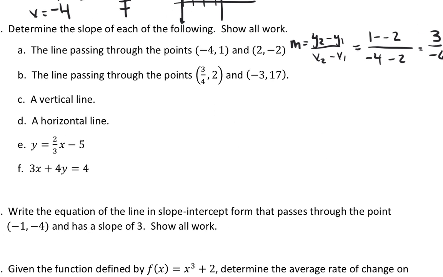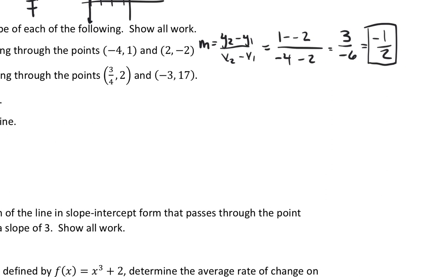For part B, we have a line passing through the points 3/4, 2 and -3, 17. So use our same equation, which is 17 minus 2 over -3 minus 3/4. What we can do is change this number here to be over 4.